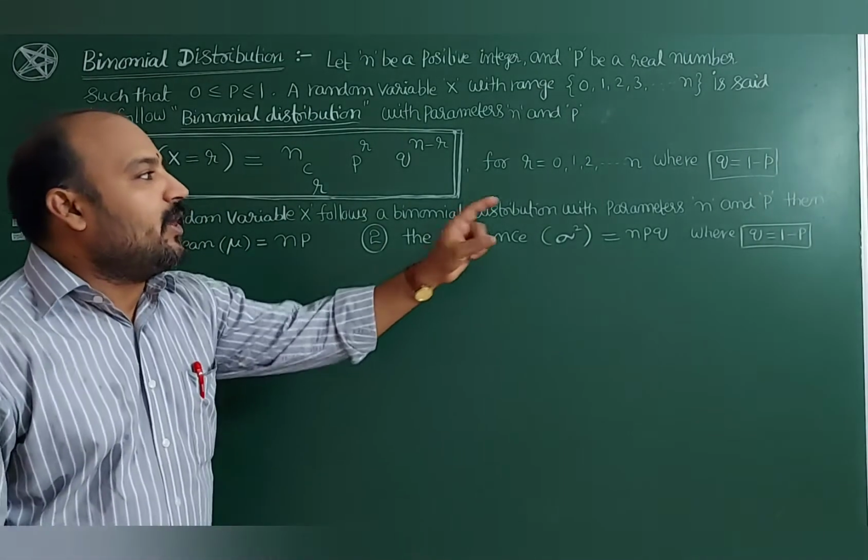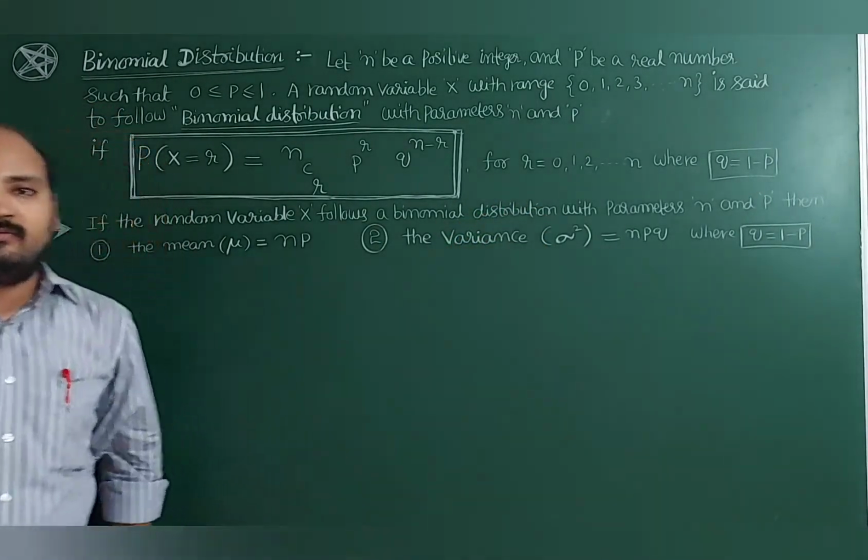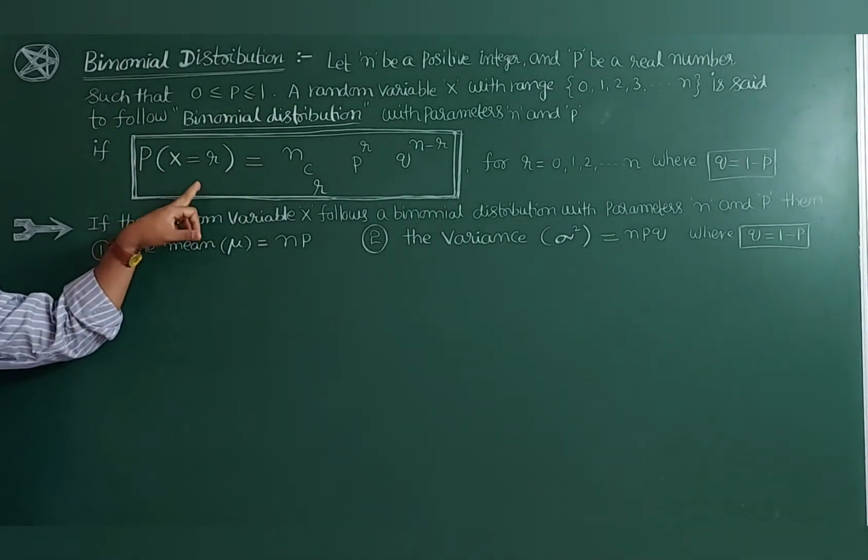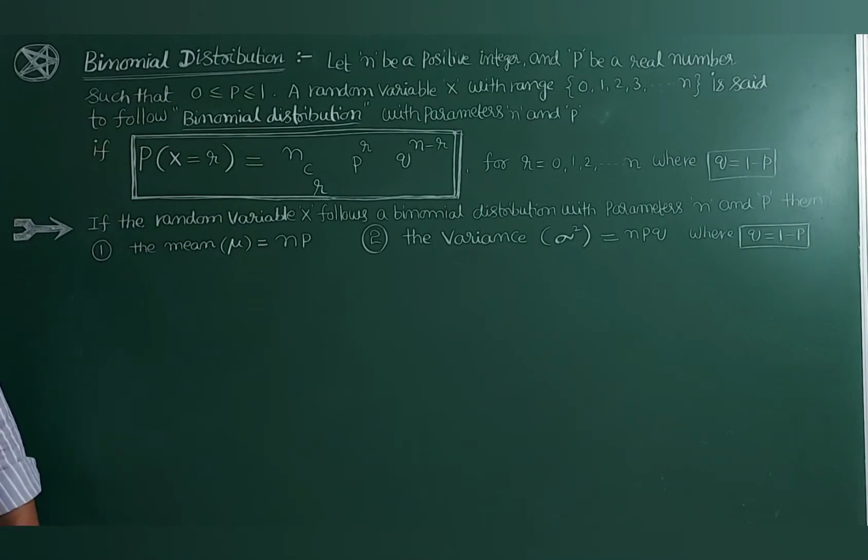So that means p plus q is equal to 1. This is called the probability function of binomial distribution.